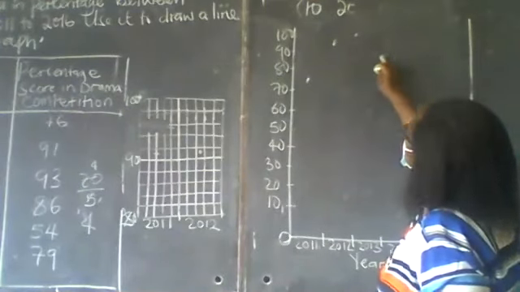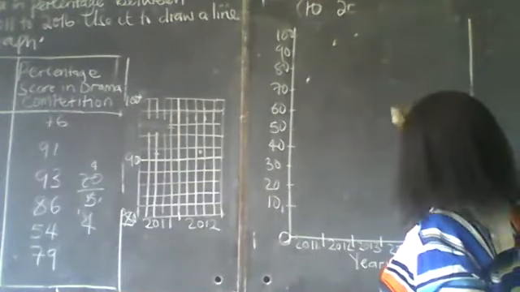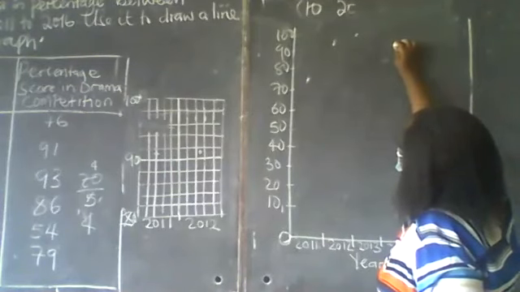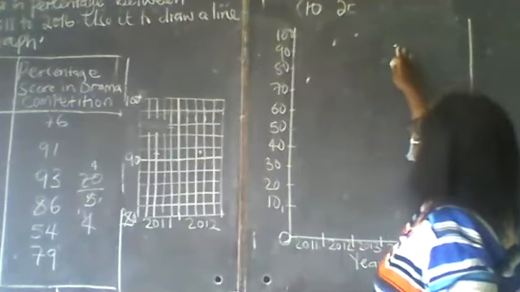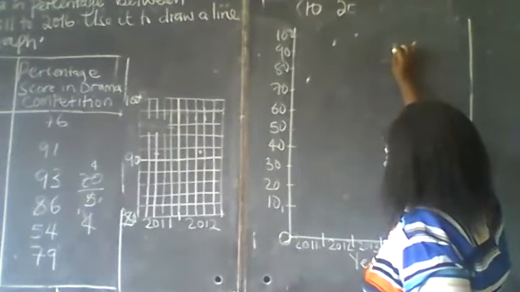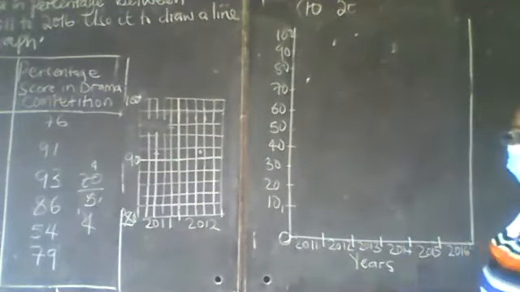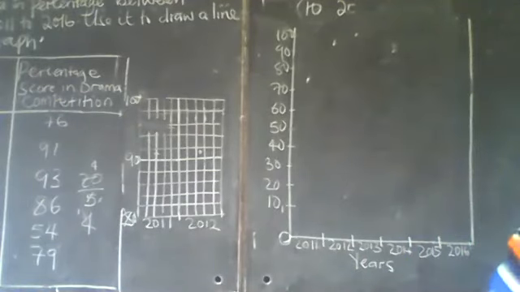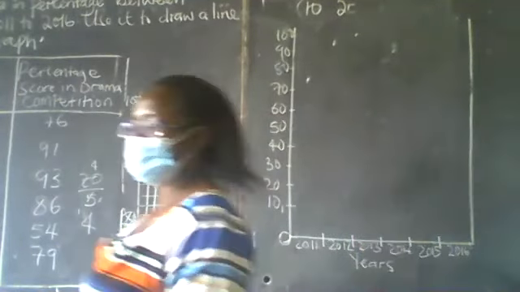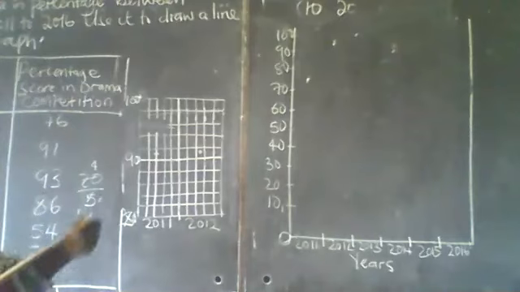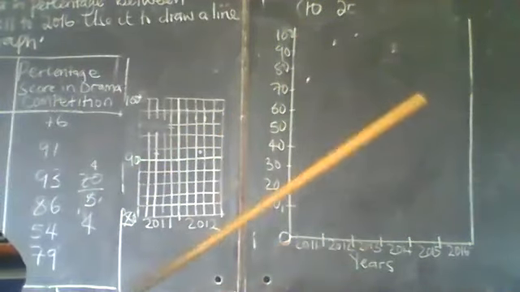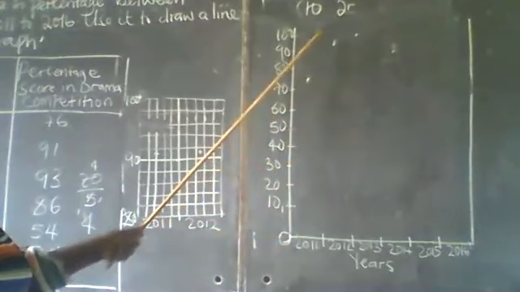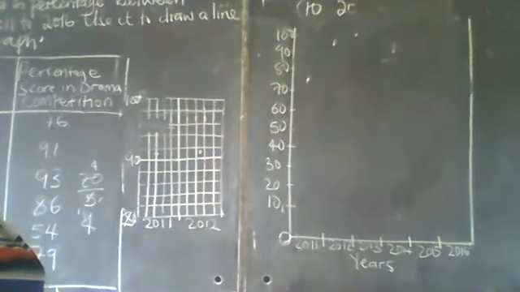We have 86. Okay, so those are the points that we have. I'm not going to finish the entire graph because that is going to be your assignment. So we have 1, 2, 3, and then 4 points. I hope we are all seeing them.